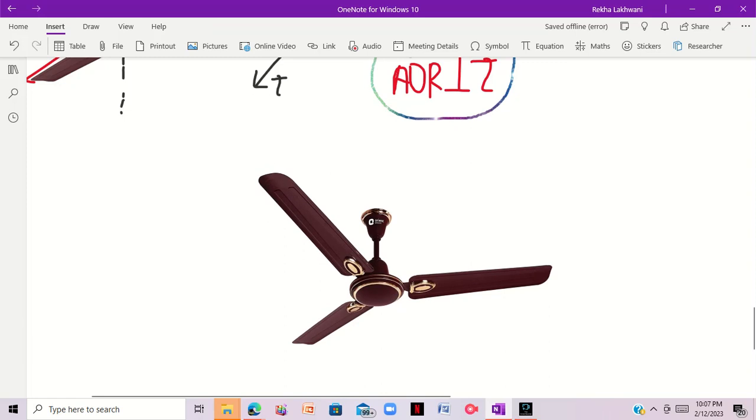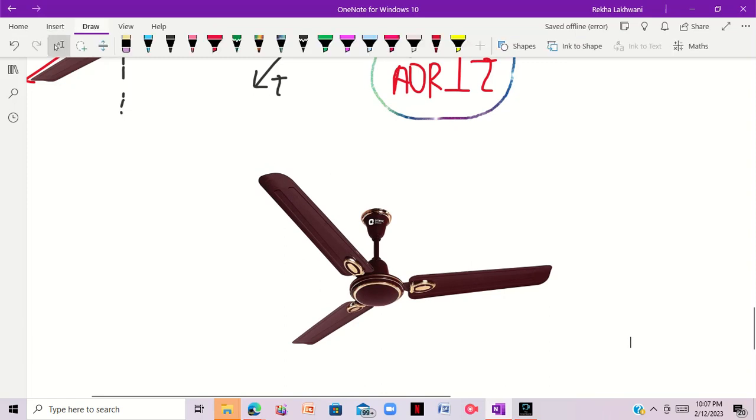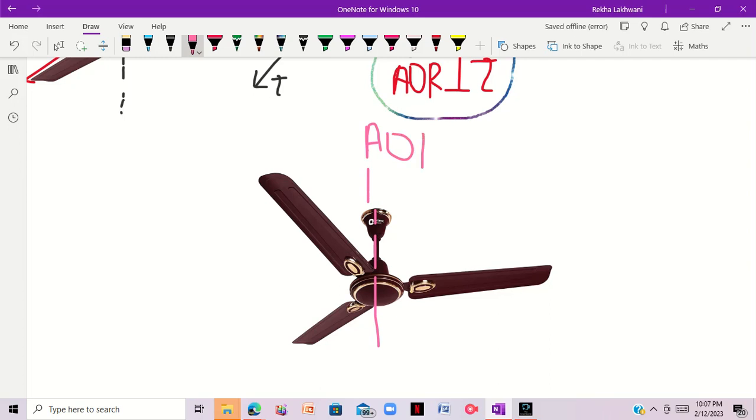Let me draw this. As we know, this is our axis of rotation, AOR. And this is our moment arm, which is R, and we are applying our force in this direction. So the component over here will be F sine theta.